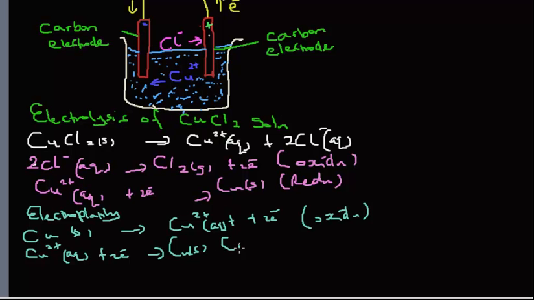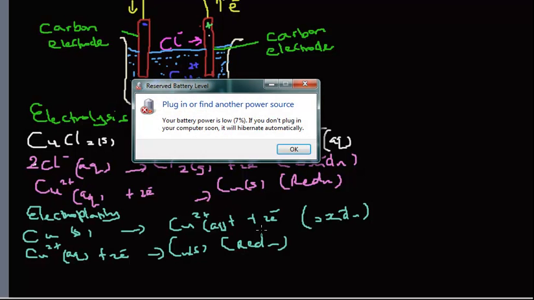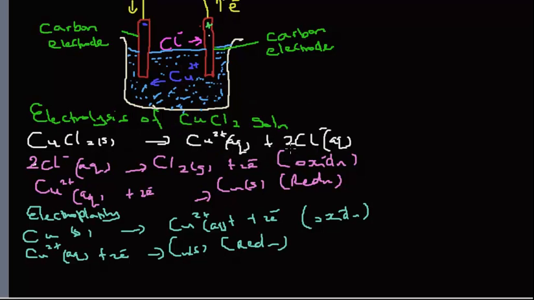Why? Because we are forming more of the copper, and this is a reduction reaction. So we can say that we have purified our impure copper into pure copper. Electroplating has been done in order for us to purify our copper.